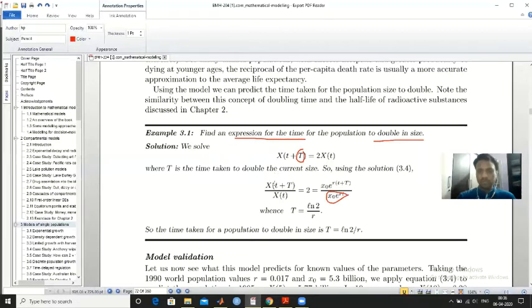And if you put the value of t plus capital T, then that will be x naught e to the power r(t plus T), and that is equal to 2 times x(t). So x naught will cancel out. Then you can find out the value of capital T, and capital T is ln 2 by r.